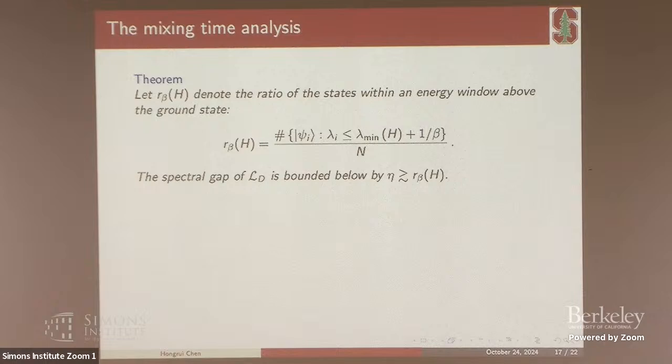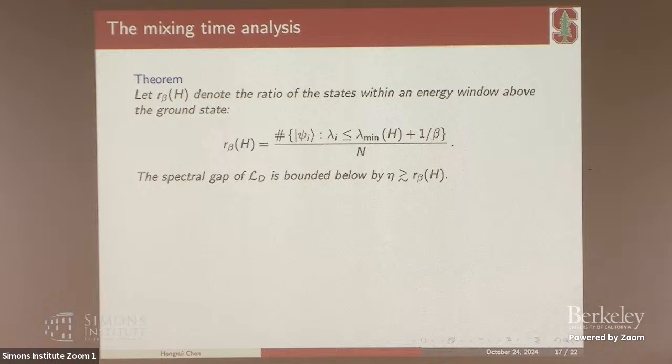Our mixing time result shows that the mixing time is determined by the quantity R_beta, which quantifies the ratio of states within an energy window just above the ground state. This is the definition. The minimum is the ground state energy, and we consider an energy window just near that ground state energy, whose length is 1 over beta.